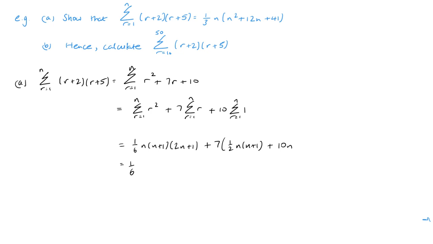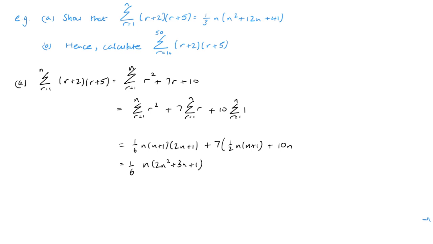So we've got 1/6, and then I've got n times 2n squared, n and 2n, 3n plus 1.